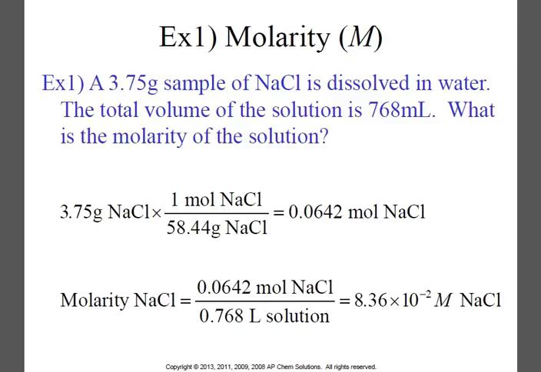So we move the decimal 3 places to the left to change that to liters. You see the value on the bottom here. It's now in liters. And then you simply divide to find the molarity. This is written in scientific notation, but you could easily write it as 0.0836. Remember, your unit for molarity is a capital M, or you could write moles per liter.